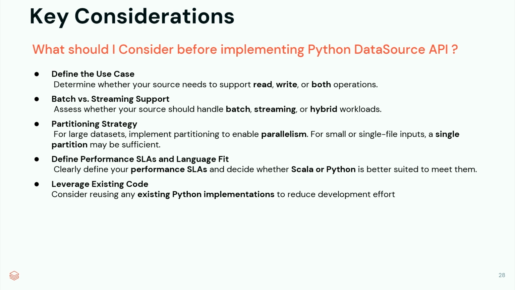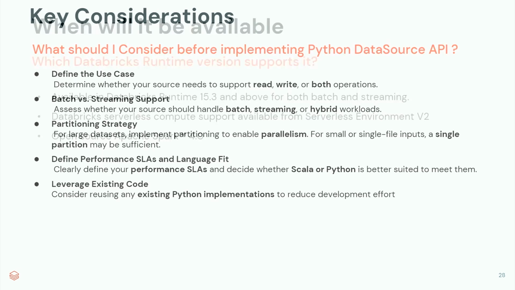But let's say you're doing continuous processing and the data between two triggers is not significant, then you can probably skip it. We already touched upon the performance SLA in the previous slide. And imagine you have an implementation in Python which is processing some complex data set. With this API, you can reuse that code instead of rewriting it in Scala or Java. So you can decide based on that as well.